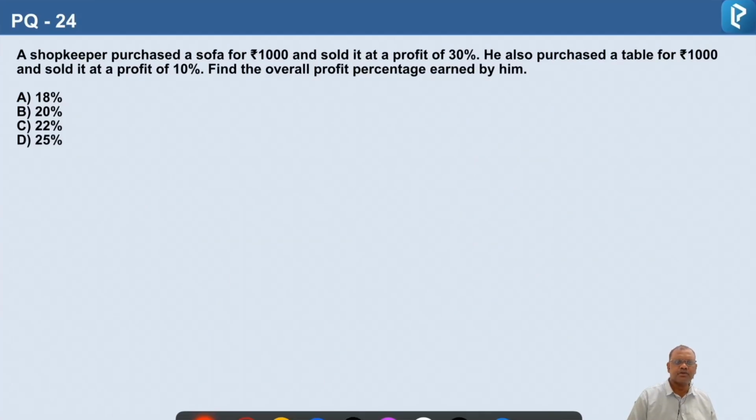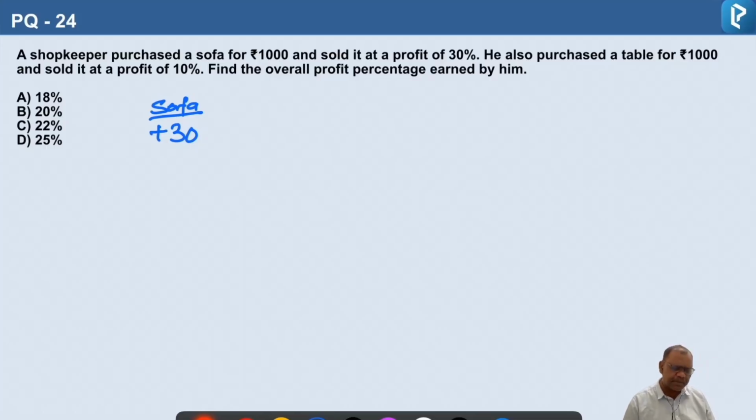Question number 24. A shopkeeper purchased a sofa for 1000 rupees and sold it at a profit of 30%. So profit we should take as positive, plus 30. So this is for sofa.